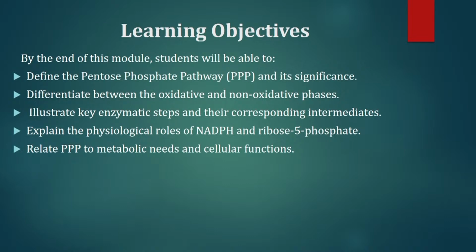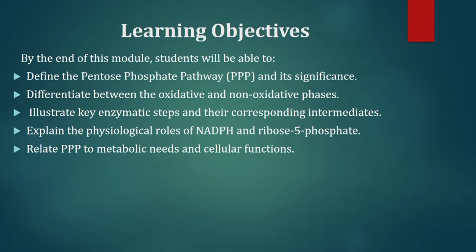So you will be able to explain, once you learn about the pentose phosphate pathway, the importance of NADPH and ribose 5-phosphate, and you will also be able to relate the pentose phosphate pathway to metabolic needs and cellular functions.